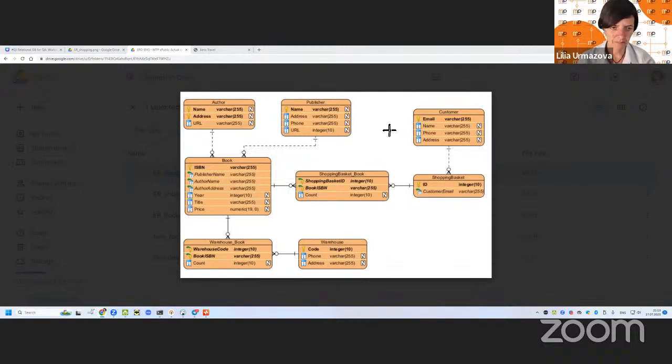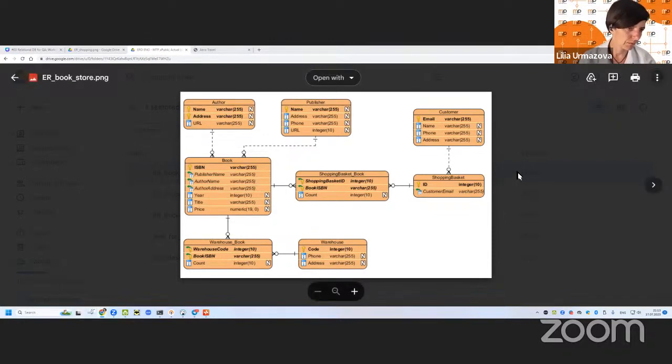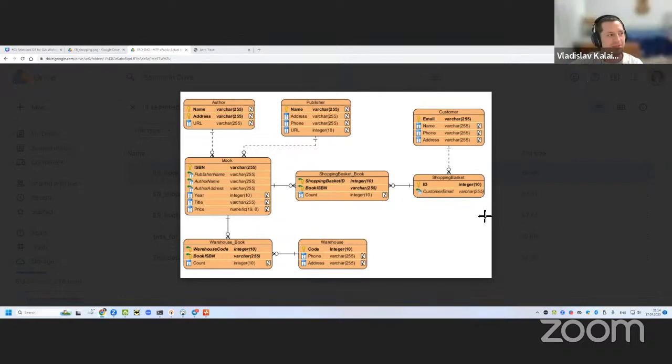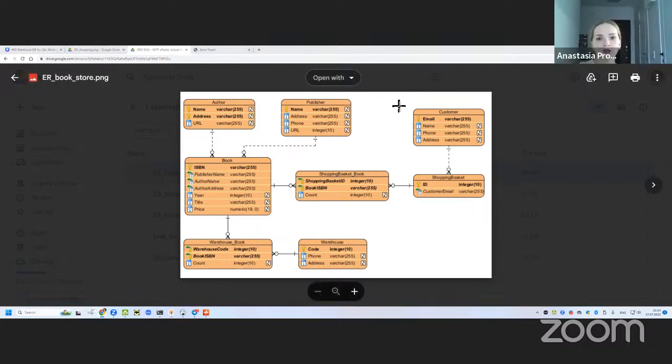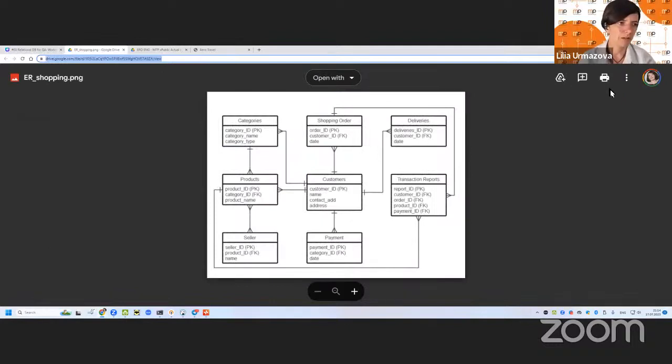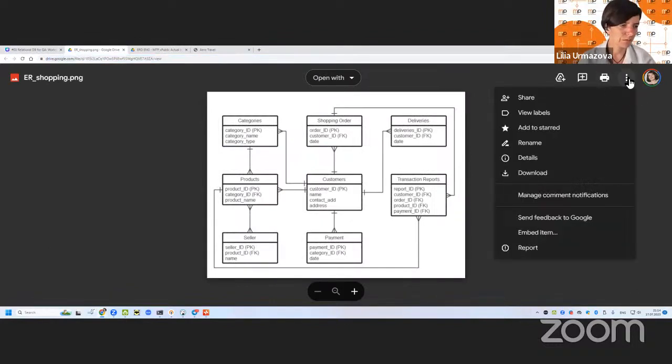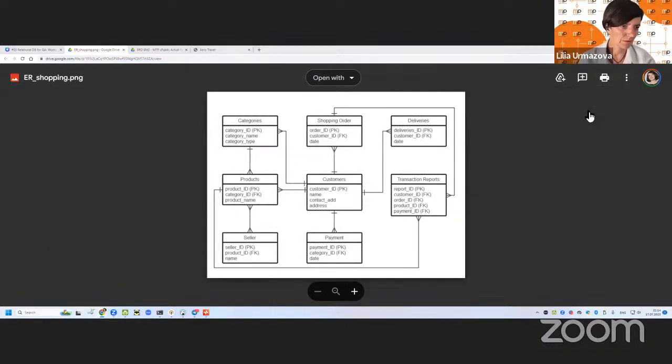Okay, please open your Zoom chat and check that you can open it. I don't have rights. Yeah, I don't have access. Okay, let me give you the rights.